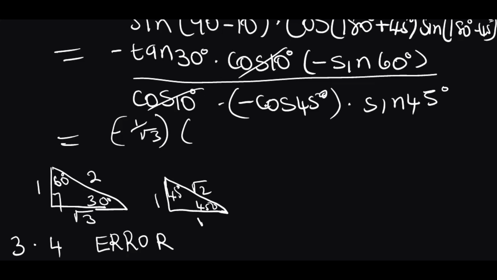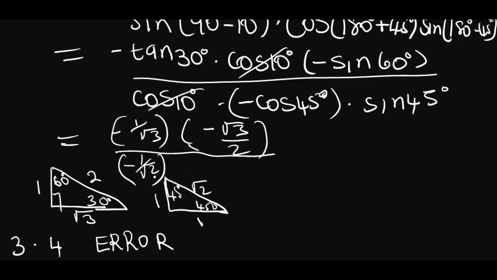This cos 10 and this cos 10 divide each other, and negative sine 60 degrees can be written as negative square root of 3 over 2, all over negative cos 45 degrees, which is negative 1 over square root 2, as you know from the triangle, times 1 over square root 2.